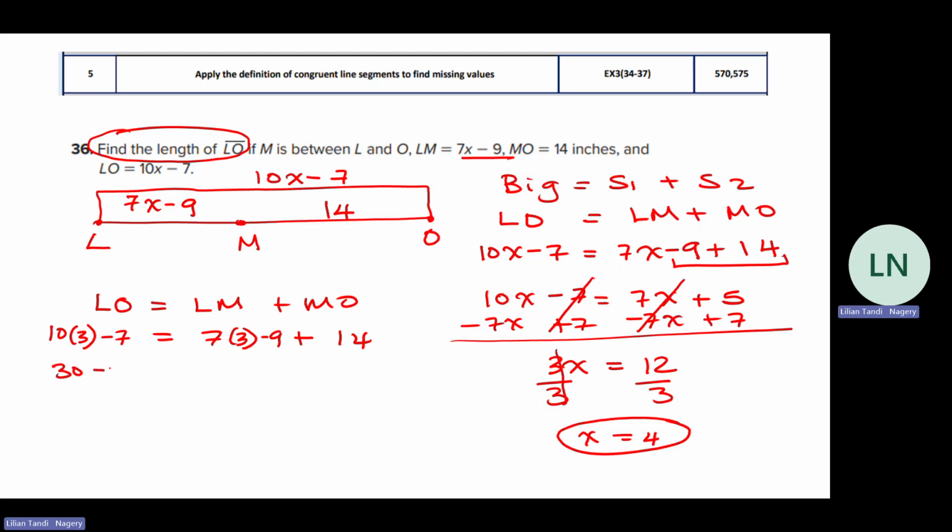This is 30 minus 7, and this is 23. This is 21 minus 9 plus 14. 21 minus 9 will be 12, plus 14 will be 26.